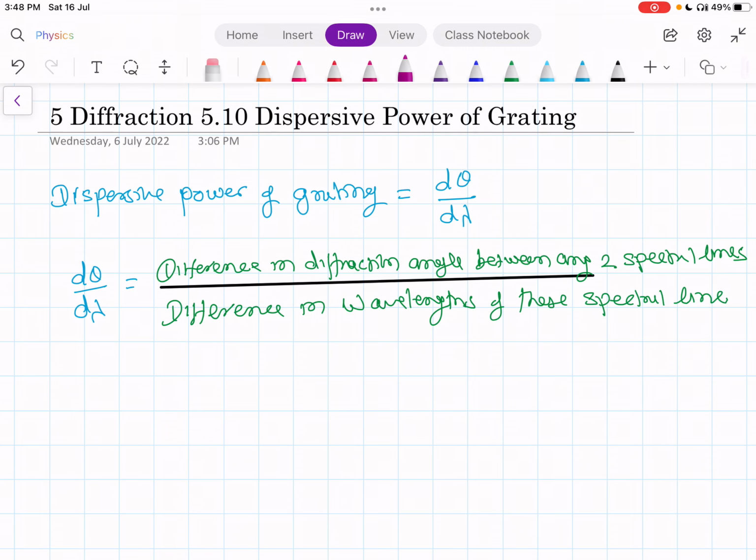We have done the experiment on the spectrum, where we studied the spectrum of white light in which you saw different color lines. Those different color lines are called spectral lines. So this d theta is the difference in diffraction angle. For each color spectral line, the diffraction angle is different.